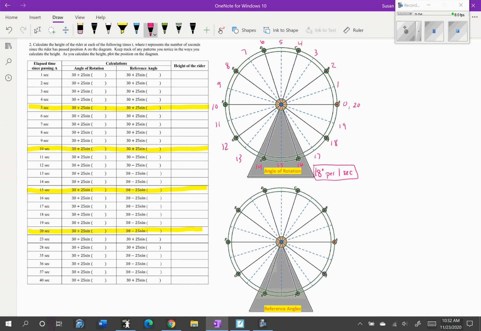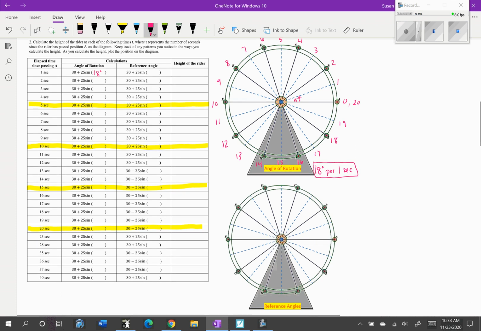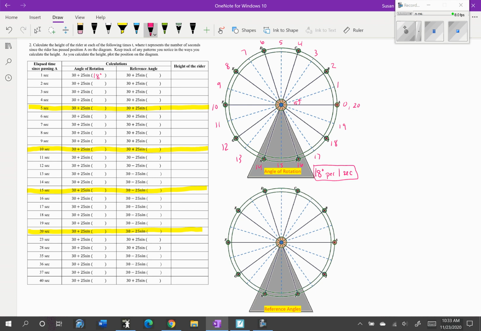So the first angle of rotation, from here to here, we know is 18 degrees. We're going to use that, 18 degrees. If we use our reference angles like we did before, that would be this triangle right here, which is still using the 18 degrees.